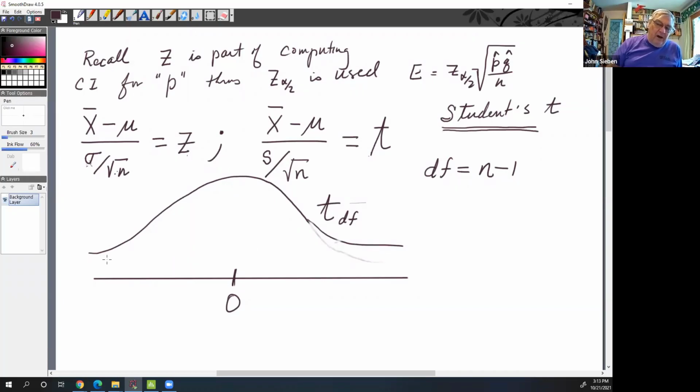Now, under any probability distribution curve, the area is 1. So if t is going to be fatter in the tails, it's got to be shorter in the hump.